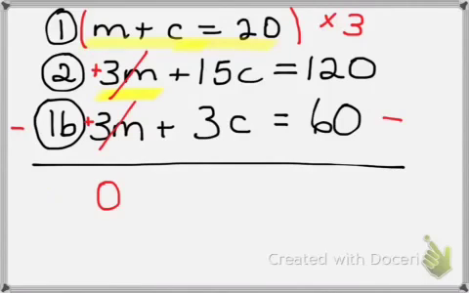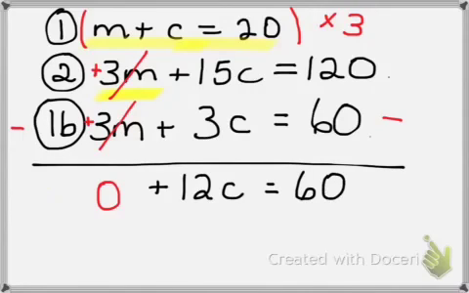And what's positive 15c minus positive 3c? Right. So that's going to give us positive 12c. And 120 minus 60 is just 60. So here we have a simple algebraic expression, 12c equals 60.